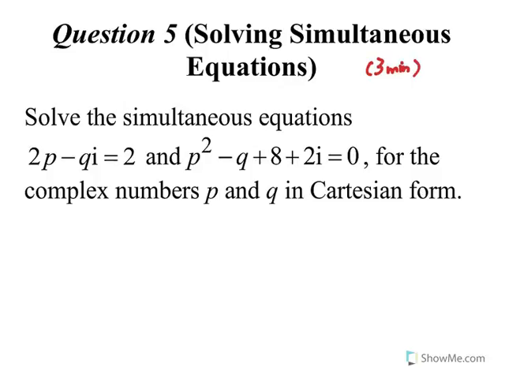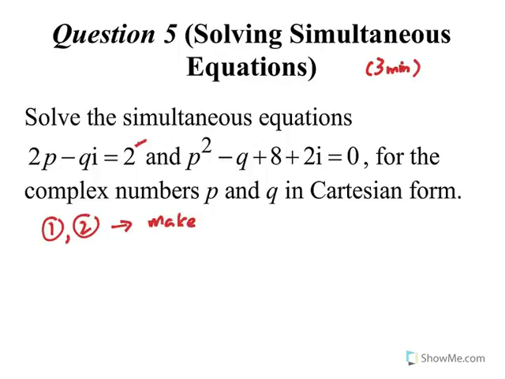Okay, question 5. Very quickly, I just need you to try this question. I may not have time to go through it, but for the next 2 minutes, can I quickly ask you to try this? This is a very simple simultaneous equation. P and Q are complex. Call this equation 1 and equation 2.